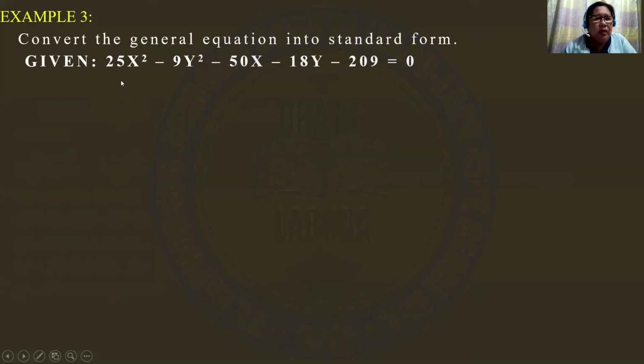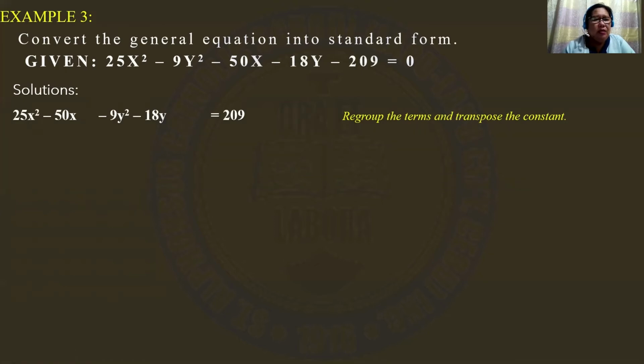The given is 25x squared minus 9y squared minus 50x minus 18y minus 209 is equal to 0. For the solutions, you have to regroup first the terms and transpose the constant. So we have 25x squared minus 50x minus 9y squared minus 18y is equal to 209.